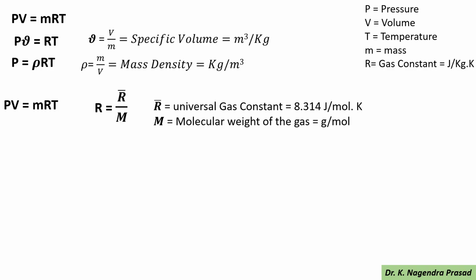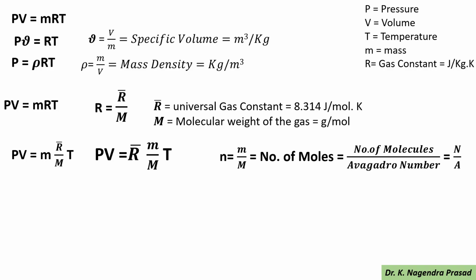So PV equal to mRT can be written as PV equal to small m into R bar divided by capital M into capital T. And this can be written as PV equal to R bar into small m divided by capital M into capital T, temperature.